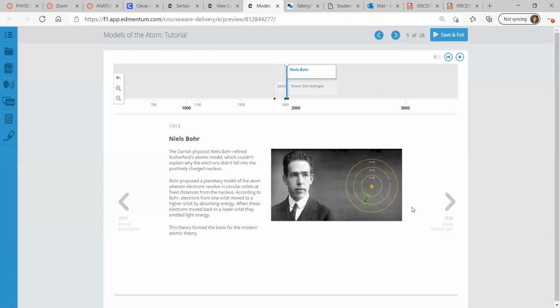Well, Bohr proposed a planetary model of the atom wherein electrons revolve in circular orbits at fixed distances from the nucleus. And according to Bohr, electrons from one orbit move to a higher orbit by absorbing energy.